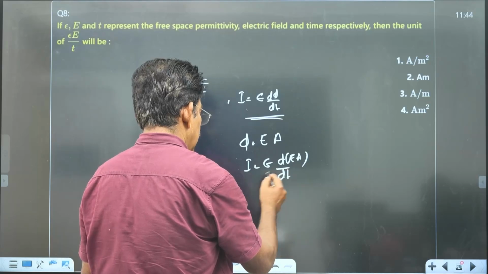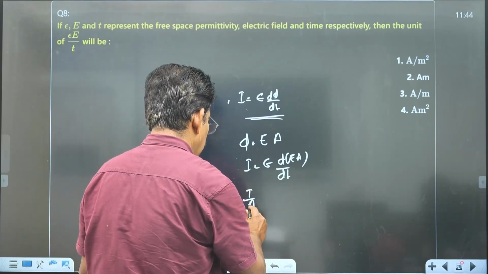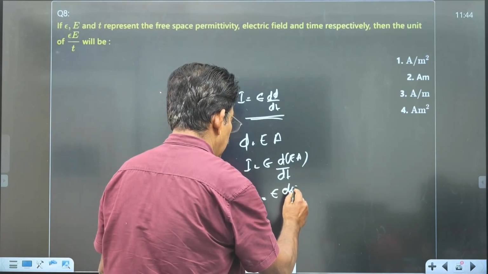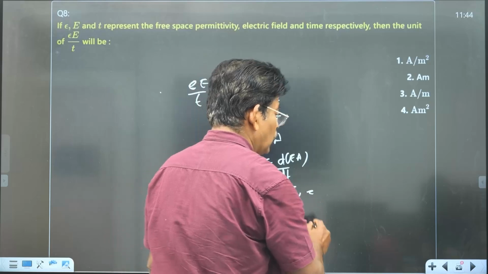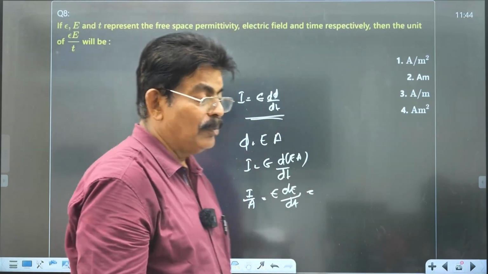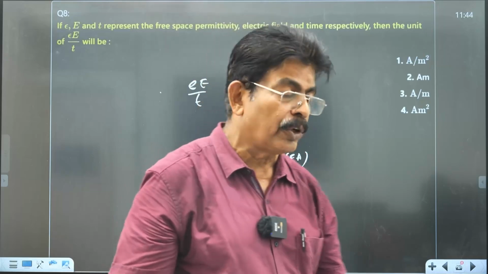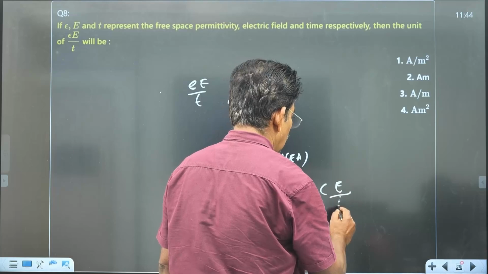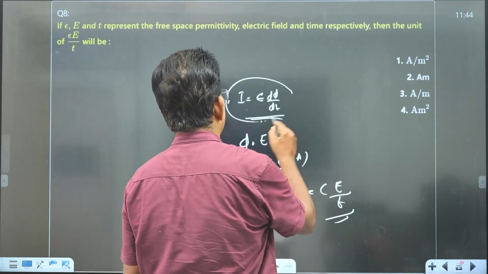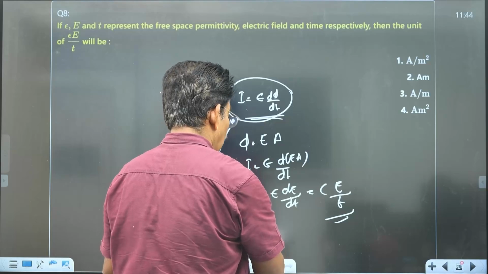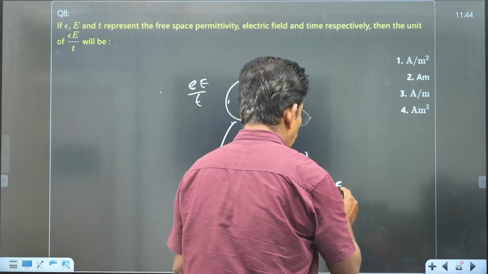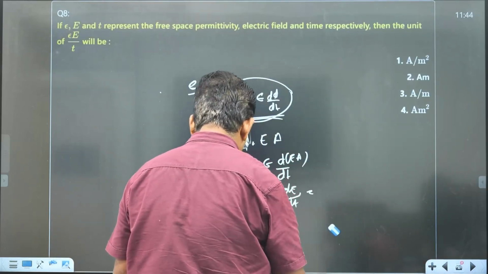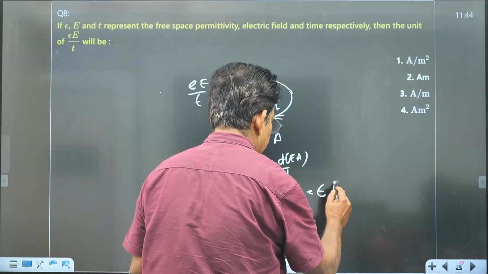So I is a constant, I take it out. I by A is coming to be epsilon into d by dt. And when you talk dimensionally, about dimension or unit, dE by dt and E by t have the same unit. So from a familiar representation, I came to our required quantity, epsilon into dE by dt.